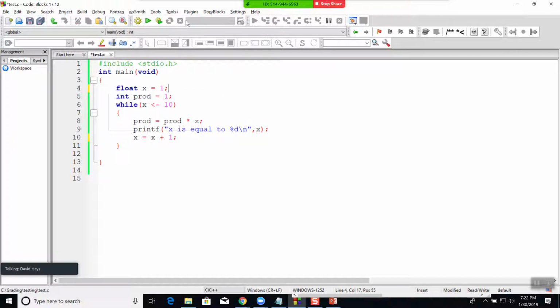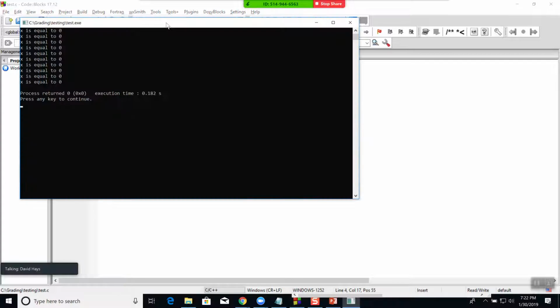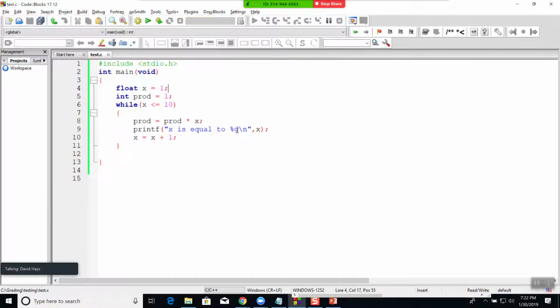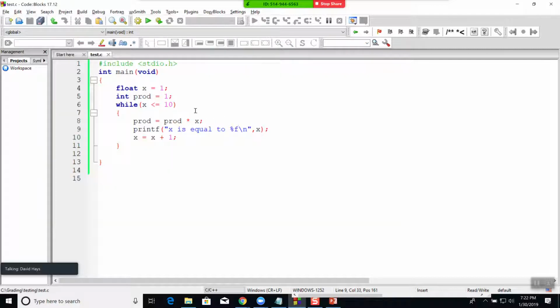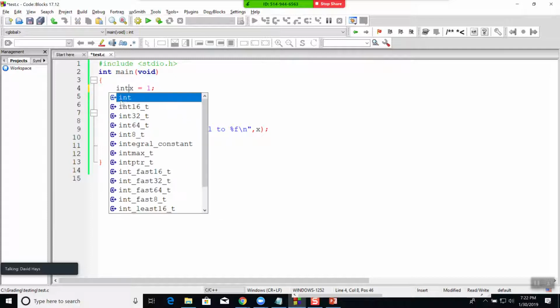If I change my %d to %f, you see there's no difference here. But error pops up if you have certain calculations go up to certain numbers, so they say don't use those. And there's really no need to, because float just takes up more memory. So if you can accomplish the same task with an integer, you should.